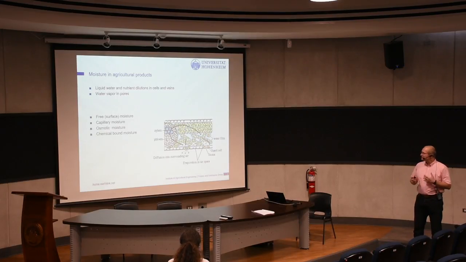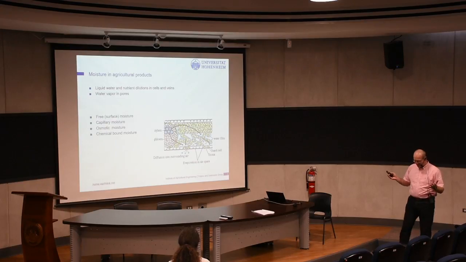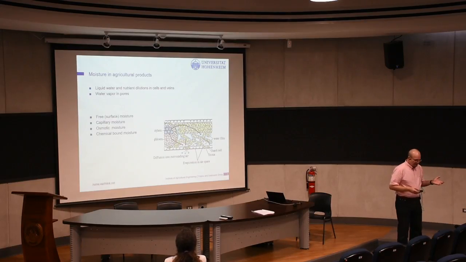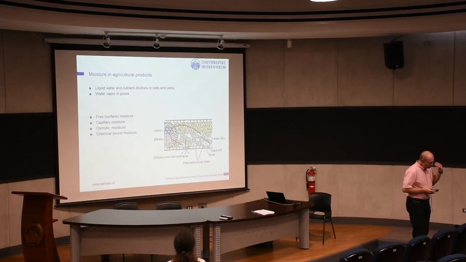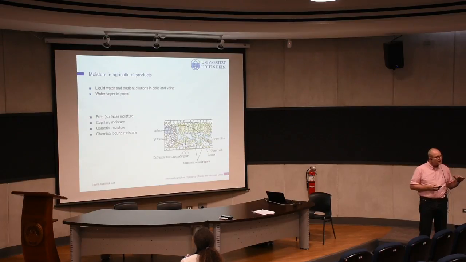But the water is differently bound in the plant material, and I have here a list. It might be free water or free moisture, and this is on the surface. After rain, you have water on the surface, and plants even push out water, guttation. You can see it on a meadow in the morning, that there might be droplets on top of the stalks.